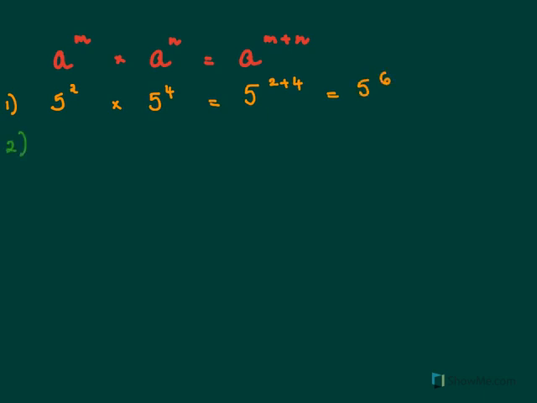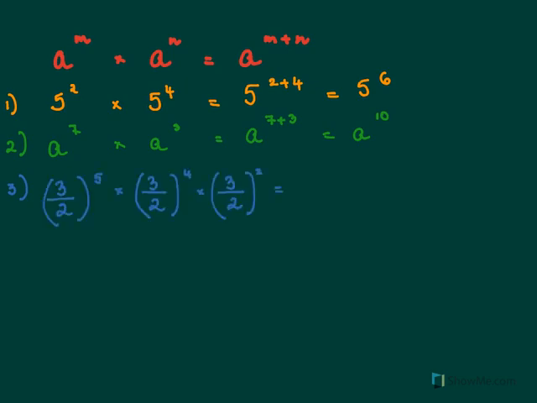For the second sum, if we have a raised to 7 into a raised to 3, the bases are the same, so we add the powers. So a raised to 7 plus 3, that is a raised to 10. For the third, we have here 3 over 2 raised to 5 into 3 over 2 raised to 4 into 3 over 2 raised to 2.